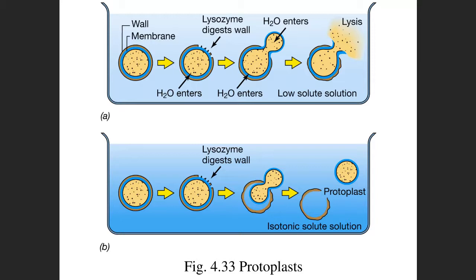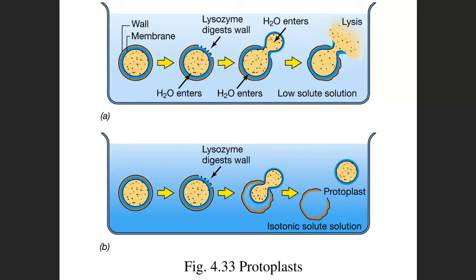So to visualize the effect of the cell wall is very, very important. The cell wall is really keeping the integrity of the cell. Remember, the cell is a lipid layer, right? The lipid layer is actually pretty fragile.